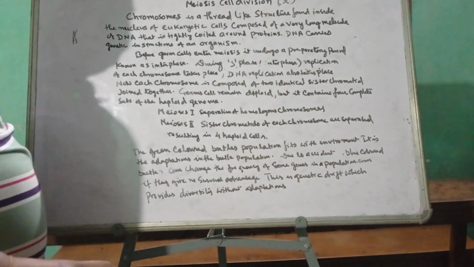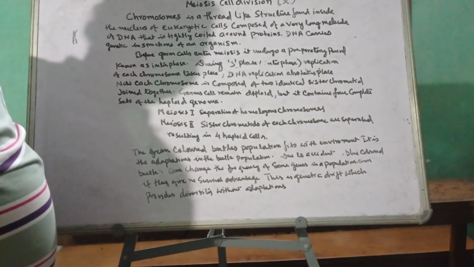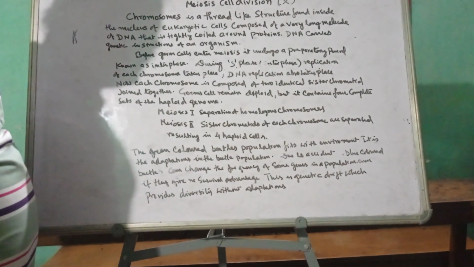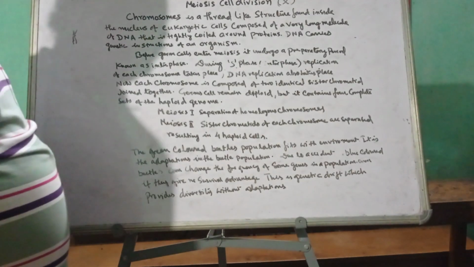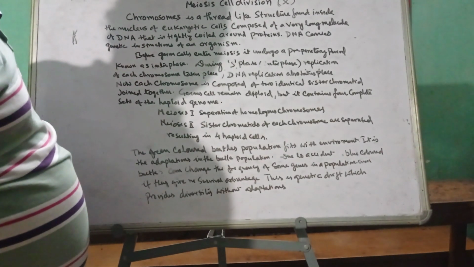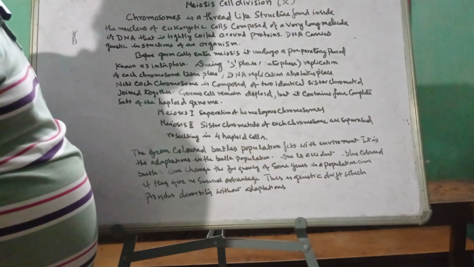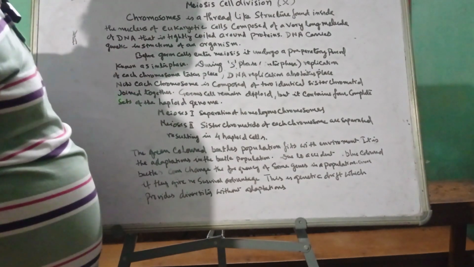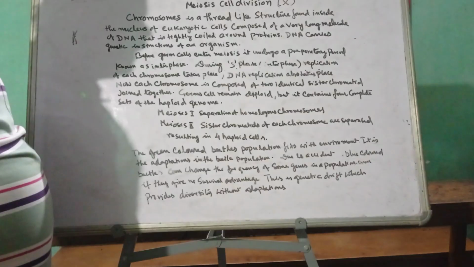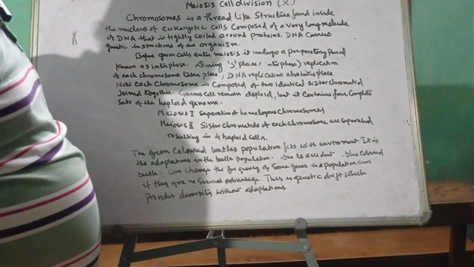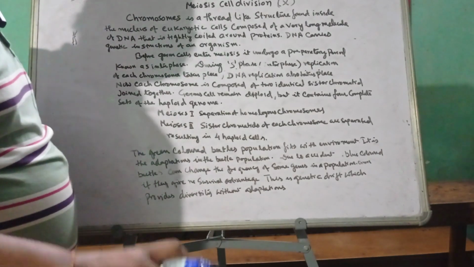The most important point in your book is about variation, and this variation is because of DNA replication. While DNA replicates, it does not form an identical DNA. There are some variations, and these variations will continue.